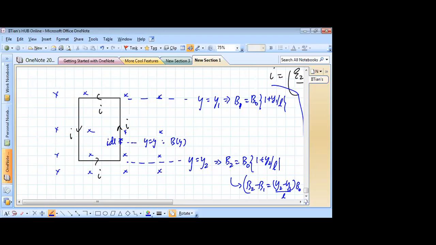Now the corresponding element on this side is also at the same y coordinate, so it has the same magnetic field By. So the force acting on this, which is inwards, and this force will cancel each other. That is why the net horizontal force will be 0.